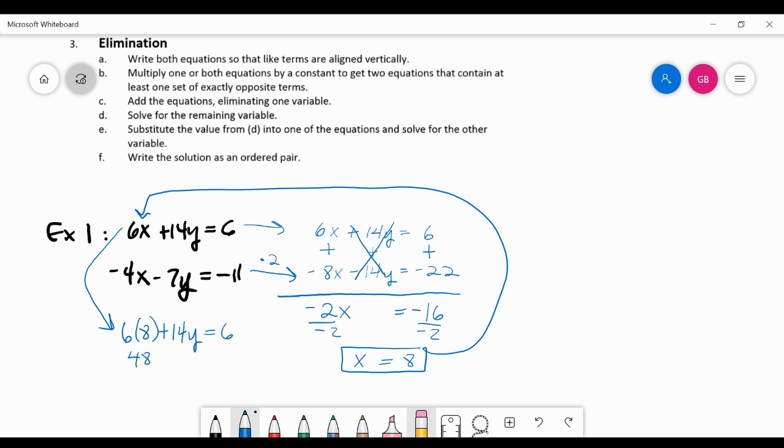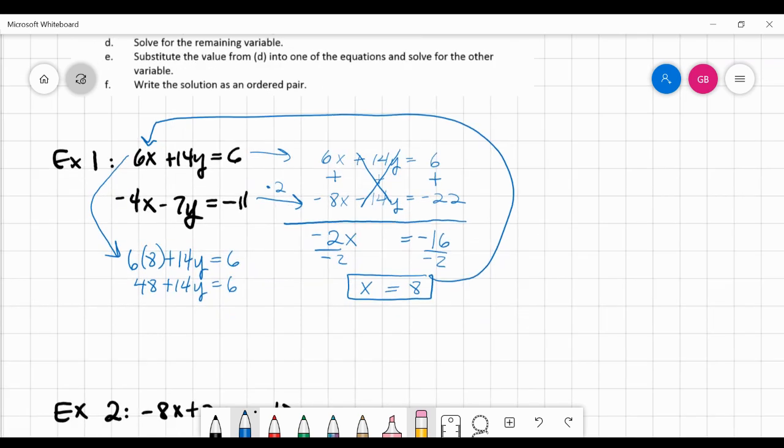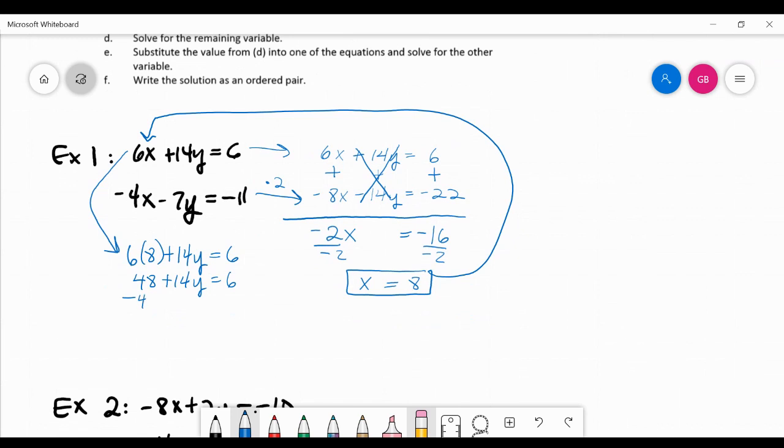So this is 48 plus 14y is equal to 6. I'm going to subtract 48 on both sides. So 14y is equal to negative 42. And divide both sides by 14. So y is equal to negative 3.